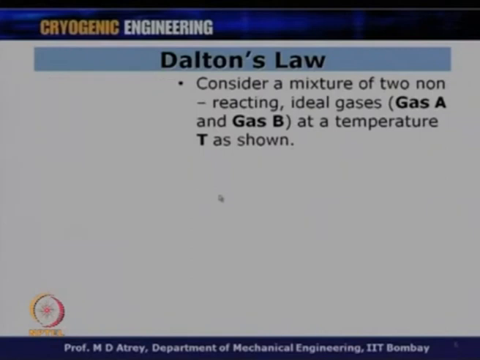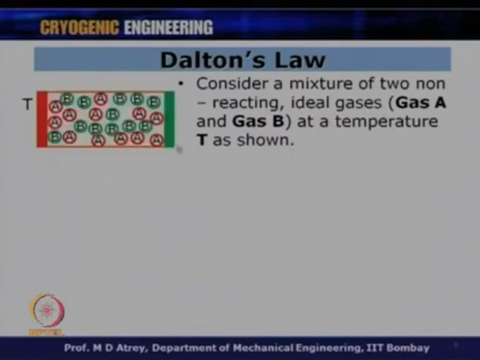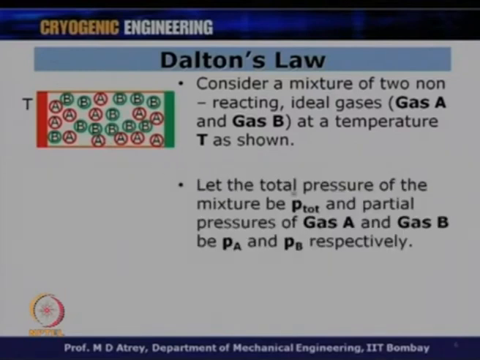So, a simple illustration: consider a mixture of 2 non-reacting ideal gases, gas A and gas B, at a temperature T. I have shown a small cylinder where gas A has some component and gas B has some component, and in this mixture, as you can see in a given enclosure, we have some component of gas A and some component of gas B. Let the total pressure of the mixture be P total, and the partial pressures of gas A and gas B be PA and PB.